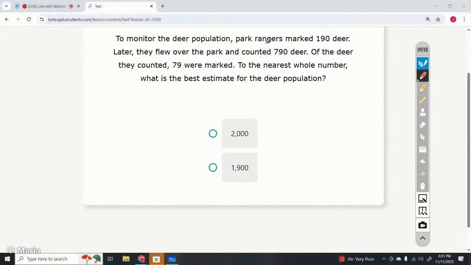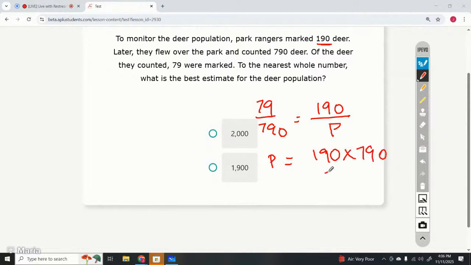To monitor the deer population, park rangers marked 190 deer, right? The marked deer are 190 out of the total population. The total population, we don't know. Now they flew over the park and counted 790 deer. So out of those 790, 79 were marked. We need to calculate the total population of which 190 were marked. So that would be P is equal to 190 times 790 divided by 79.